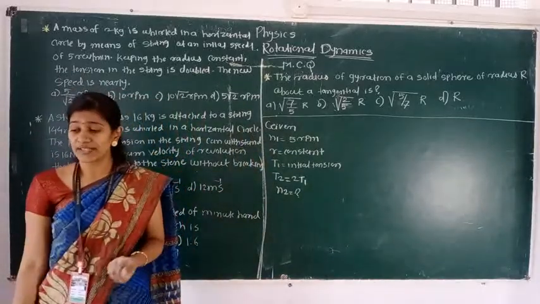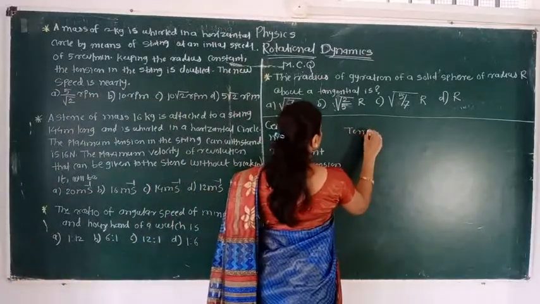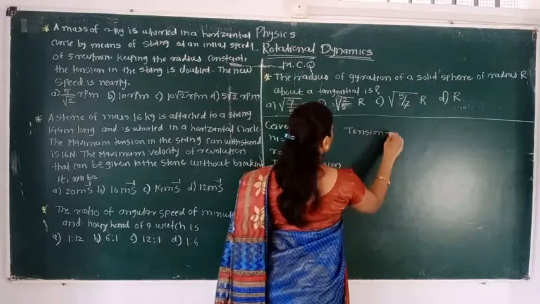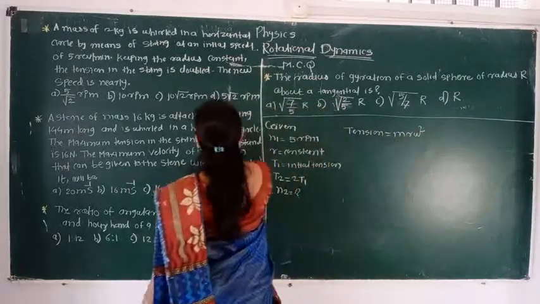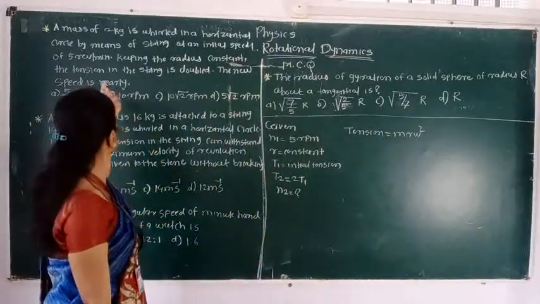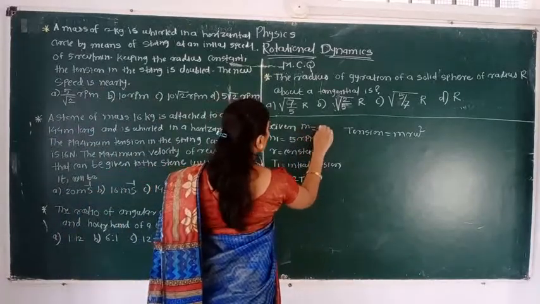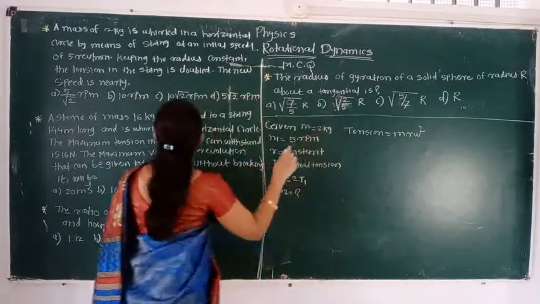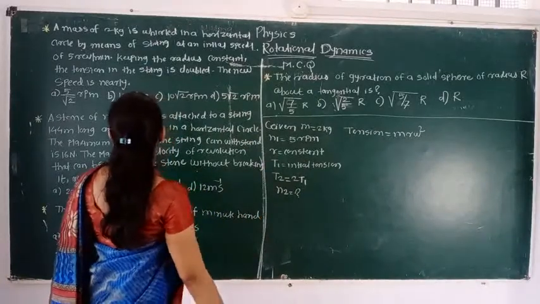We know the basic formula for the tension, m r omega square. As per the given information, the particle is revolving, a mass M of 2 kg is whirled in a horizontal circle by means of a string.